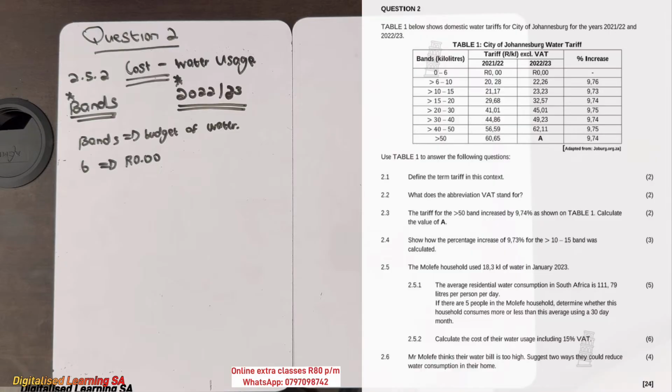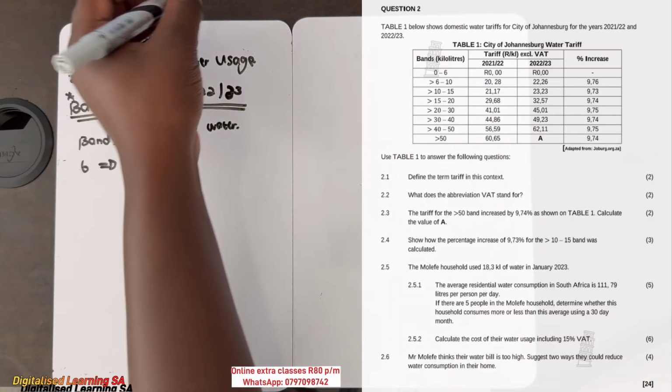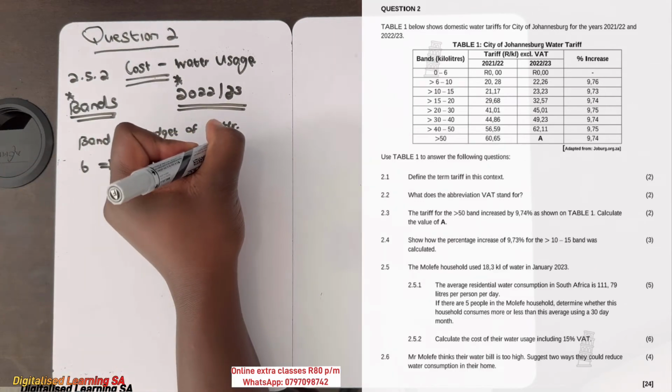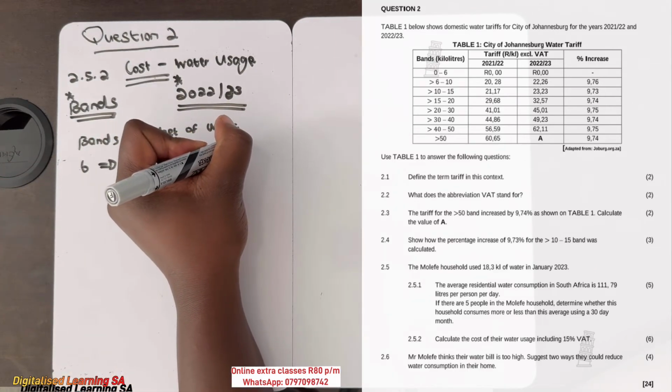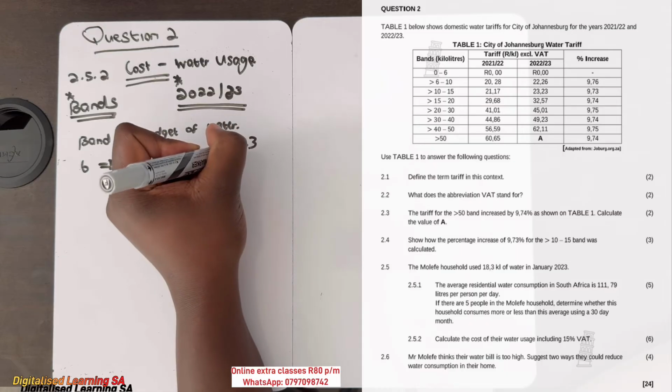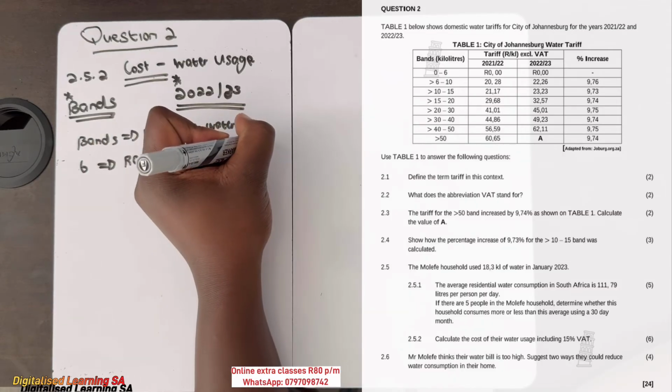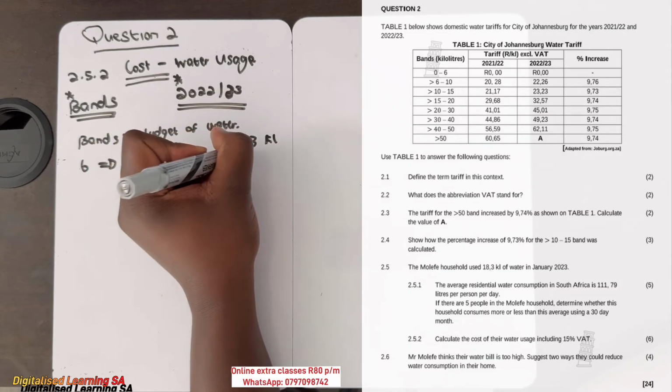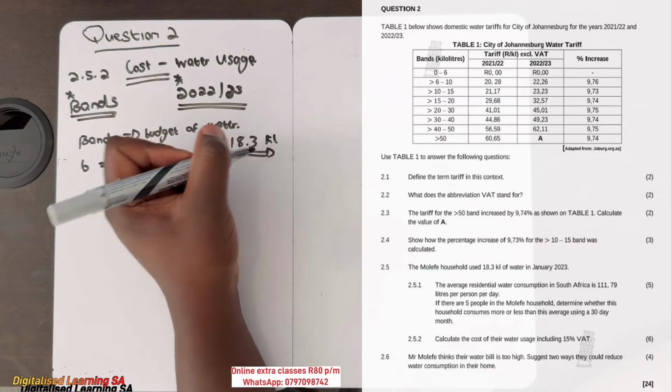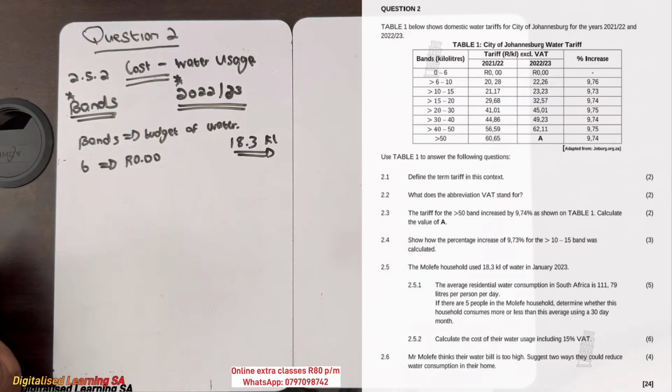And before we move forward, guys, remember that this family used 18.3 kiloliters. So we can refer to this as kiloliters, as the buckets of water, so that you can understand and get the concept.